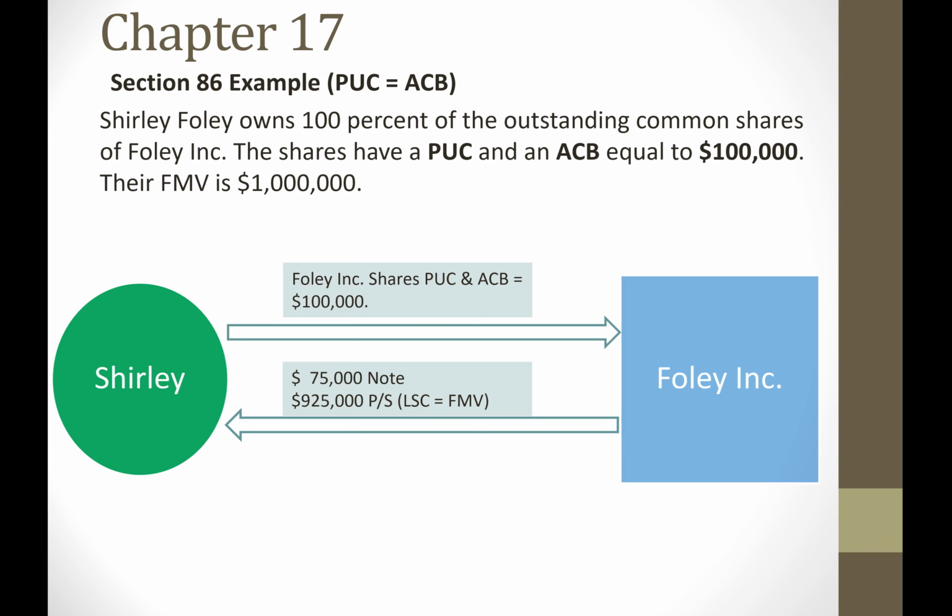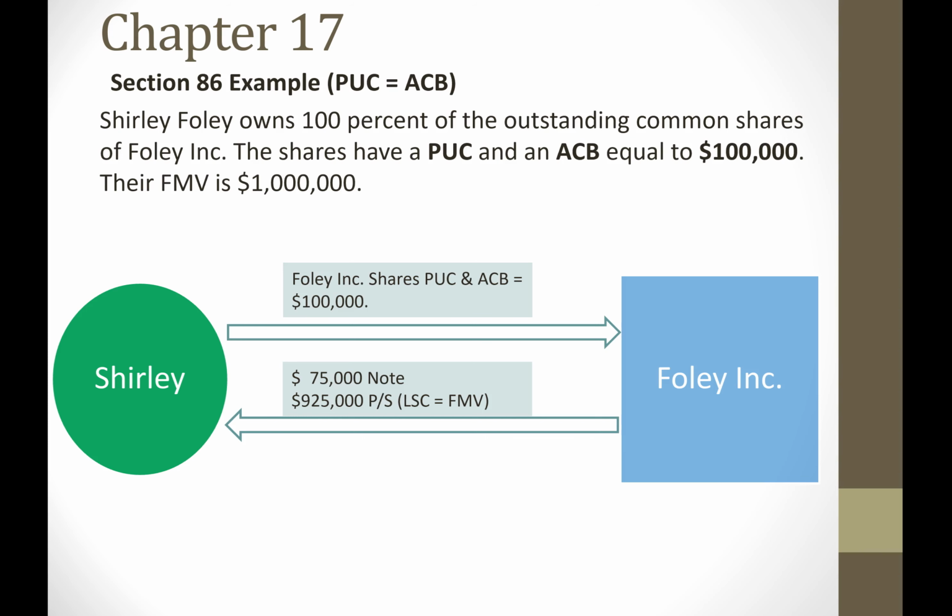And those assets consist of a note of 75,000, that's known as the boot, and preferred shares of 925,000. Now, these preferred shares are referred to as the non-growth shares. So those preferred shares will not grow as fast or hardly at all compared to the common shares.